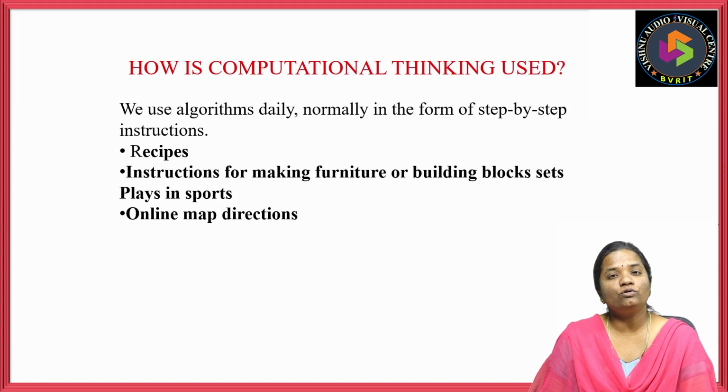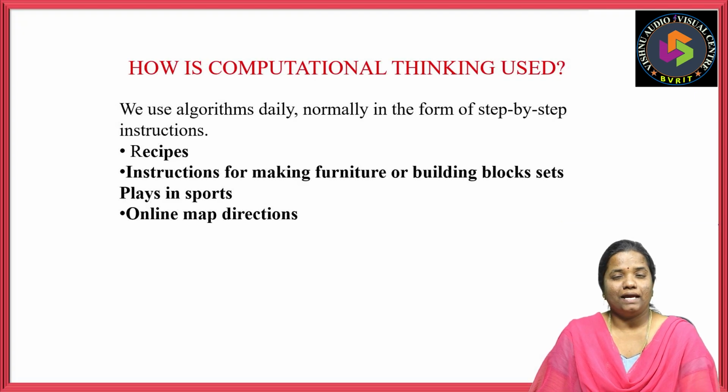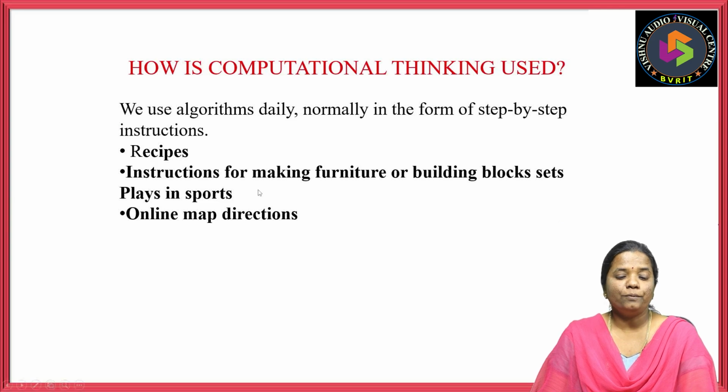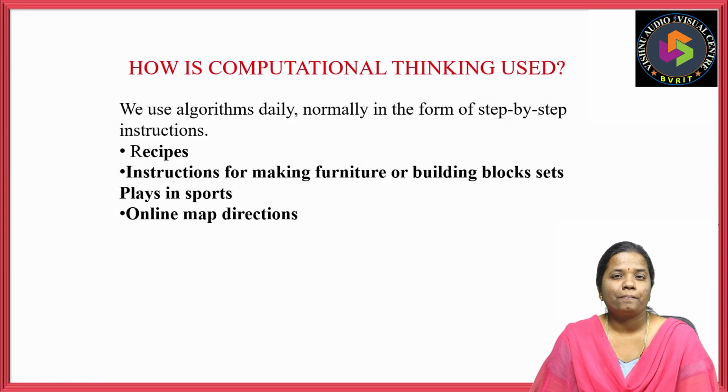For example, algorithmic thinking means a step-by-step process. We need to apply the step-by-step process to our problem. In real-world situations, here I have selected the recipe. When we are baking a cake or cooking any recipes, curry recipes like that, we need to follow step by step. Then only we will get the desired, delicious recipe.